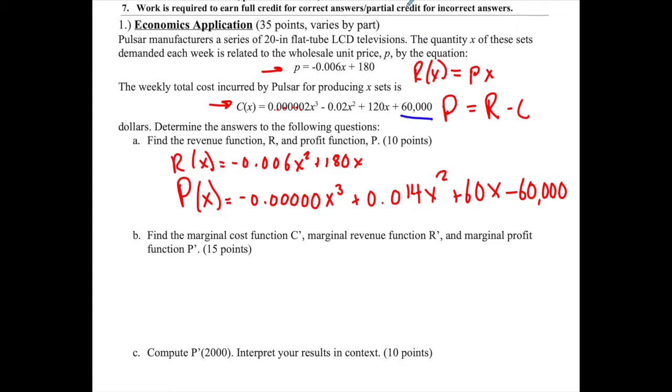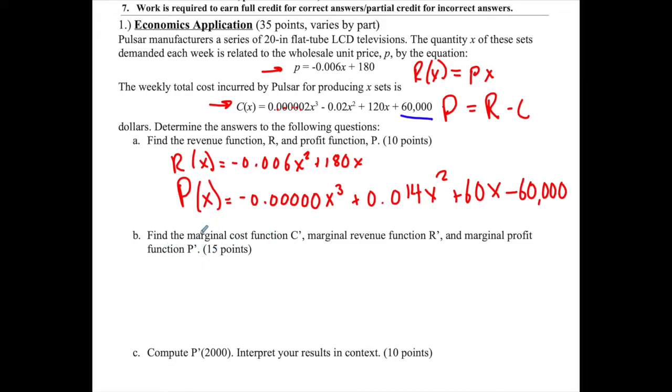Like if I take a one month vacation, I still have to pay the mortgage. That doesn't matter. But I don't have to pay as much, for example, electricity or water or heat. Those things would be variable costs. So this is revenue and profit.